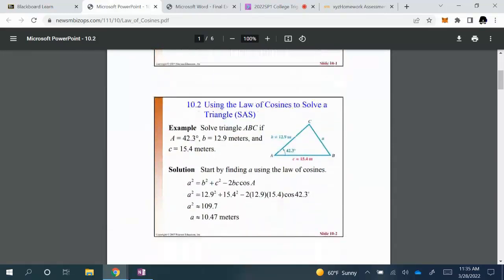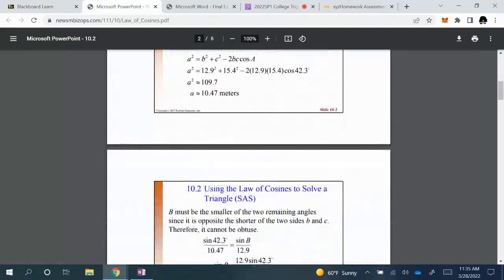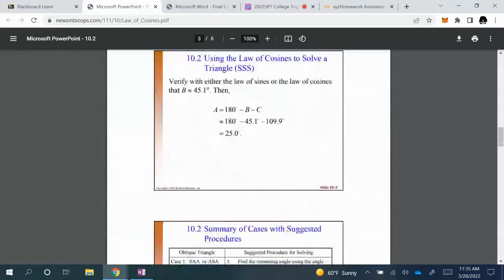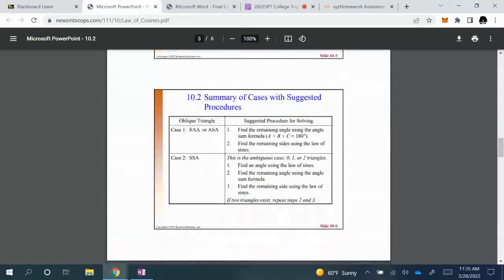I'm going to scroll down and take a look at the summary of cases with suggested procedures. Now, as far as XYZ is concerned, they will pretty much ask you what they want you to find.